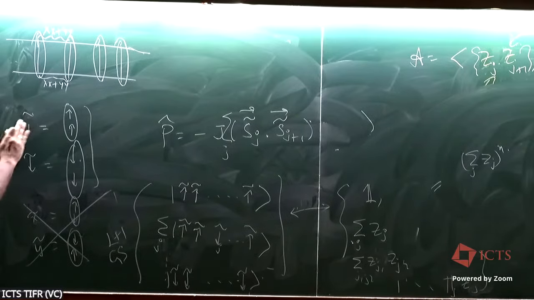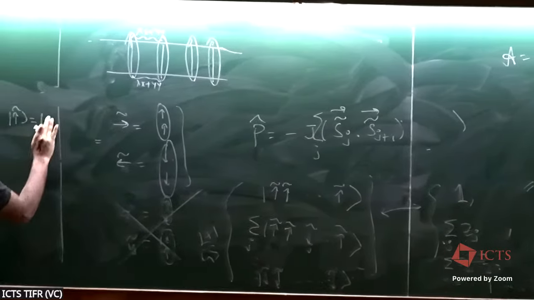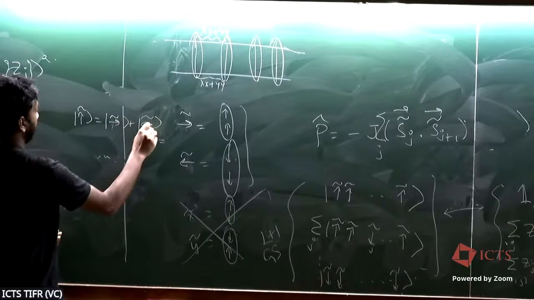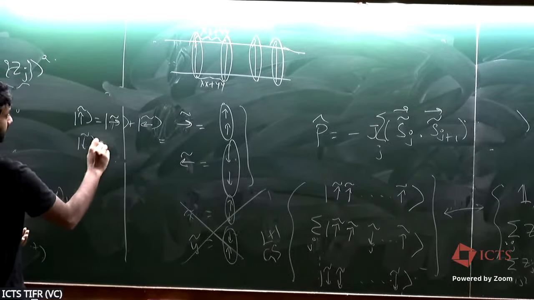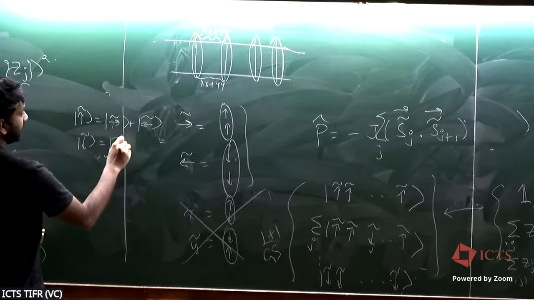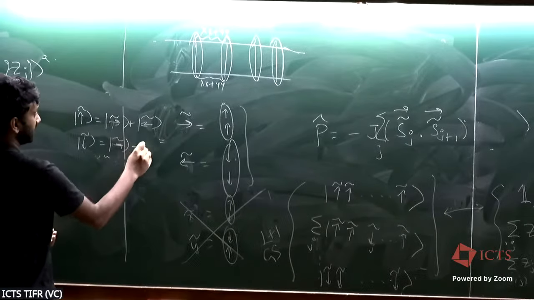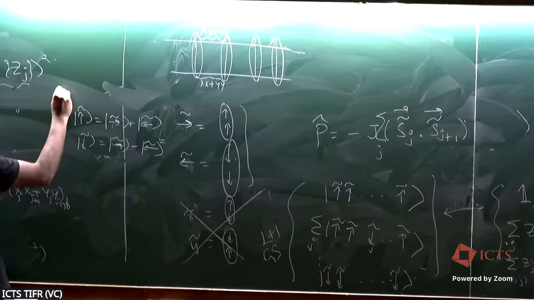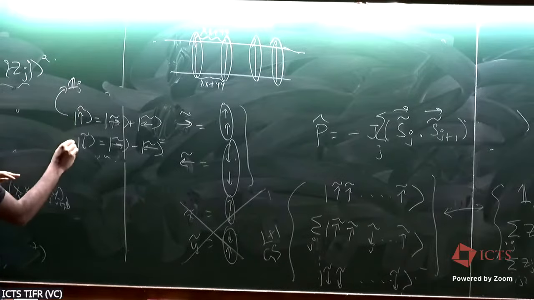So let me just define this as composite spins in this direction, and then I define my new composite spins as this. If you do this, so this minus this, it turns out that this is just the identity operator on the site j. This is just the Z operator on site j.